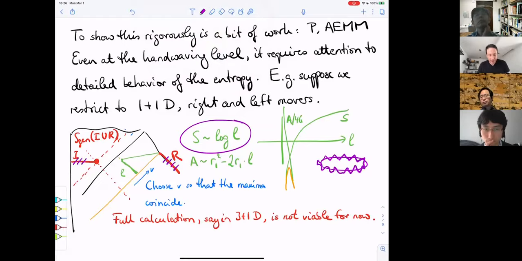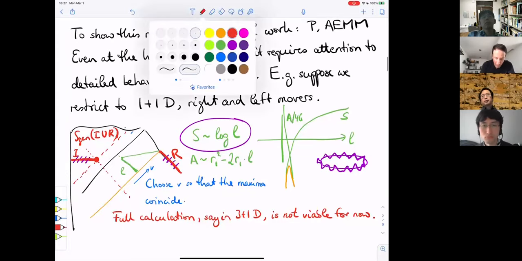Now it's actually a little bit easier to analyze this. So here are the Hawking particles in purple and the inside partners also in purple that they're entangled with. It's a little bit easier to analyze what the matter entropy is of this union I union R by remembering that it must be the same, because the global state is pure.